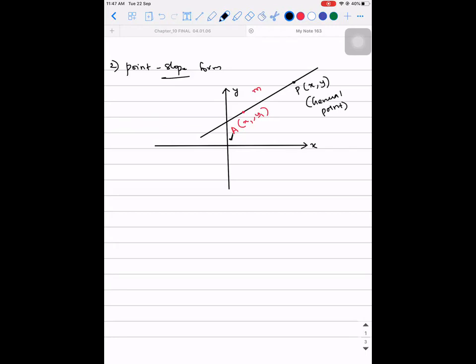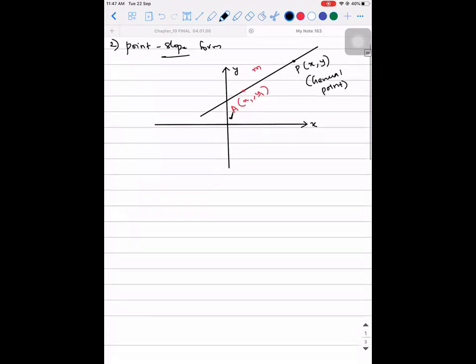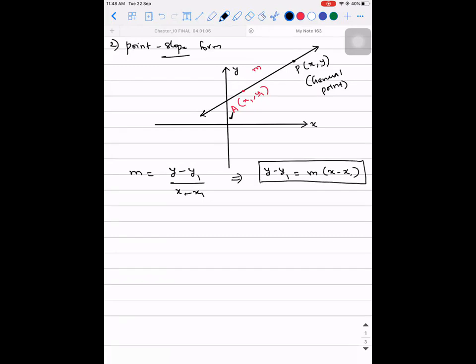Now tell me the definition of m for a line passing through these points. It will be y minus y1 by x minus x1, which implies y minus y1 is equal to m into x minus x1. I just rearranged it, nothing else. So this equation is what is called the point slope form of a line.